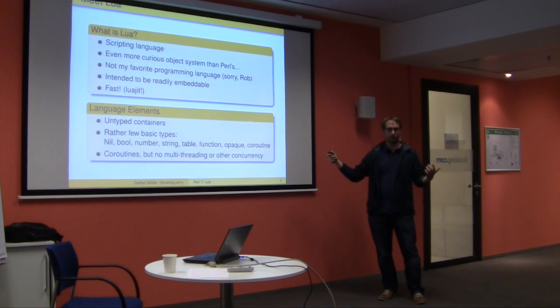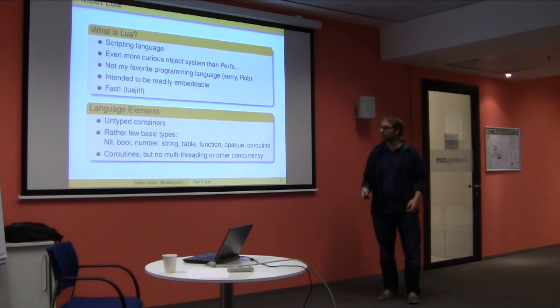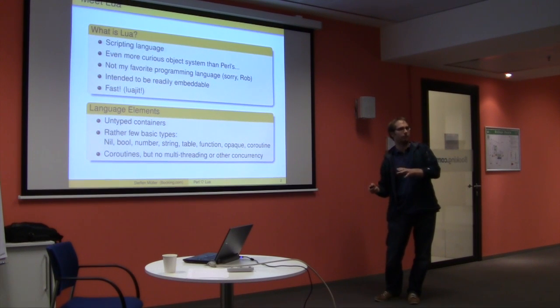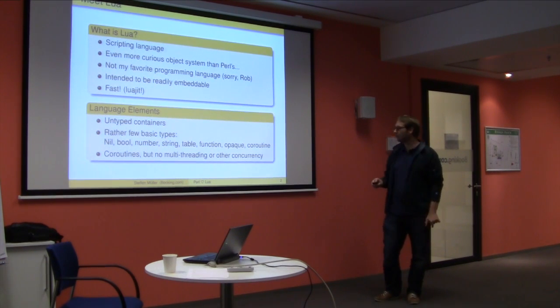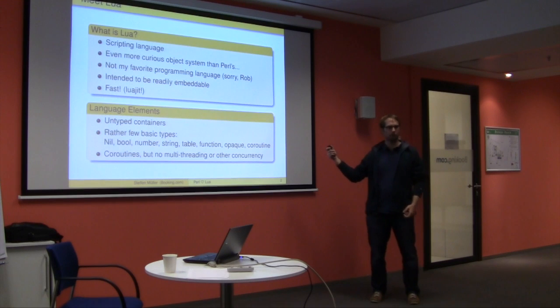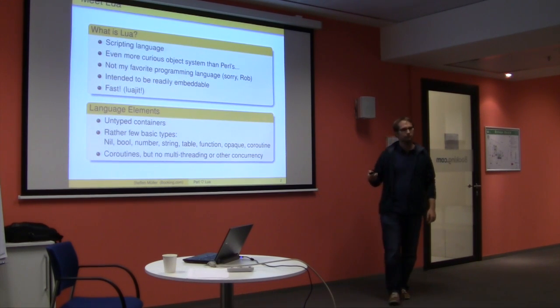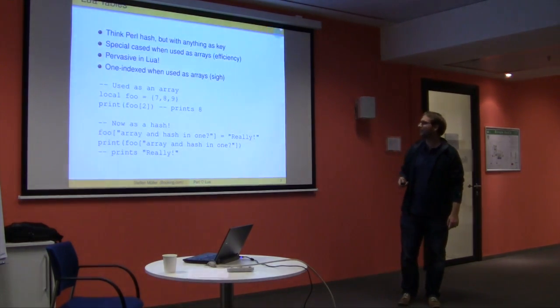It has functions in the same sense that they're first order type. Some opaque thing which you can hide data behind, typically from your C application that Lua shouldn't actually worry about. And a sort of cooperative threading, coroutine. They call them threads, but they're cooperative.